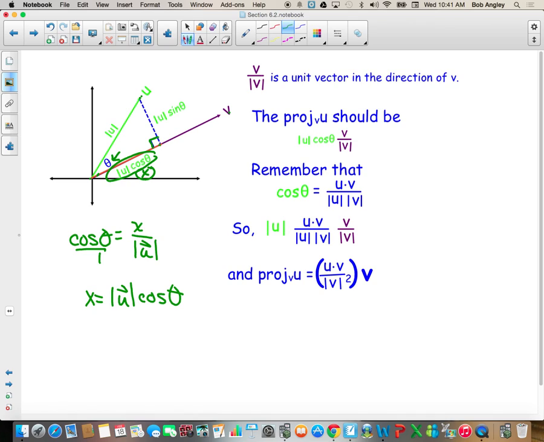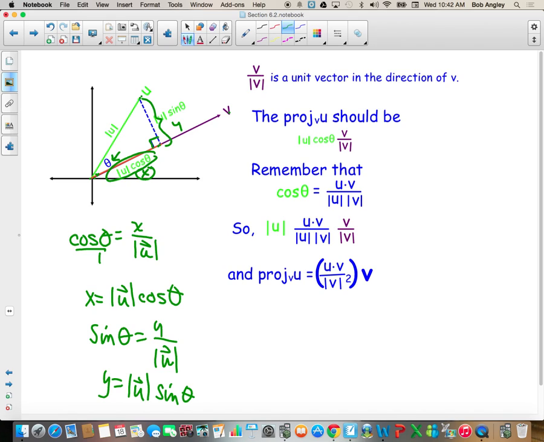In a similar fashion, the sine of theta is equal to, I'll call this y for a second, y over the magnitude of u. When we cross multiply here, we get y is the magnitude of u times the sine of theta. Okay, so for what that's worth, this is true.